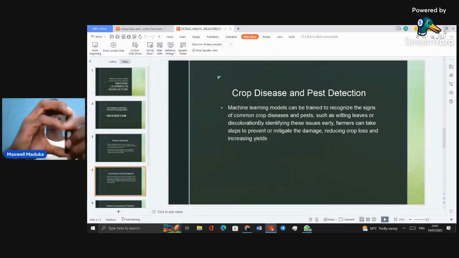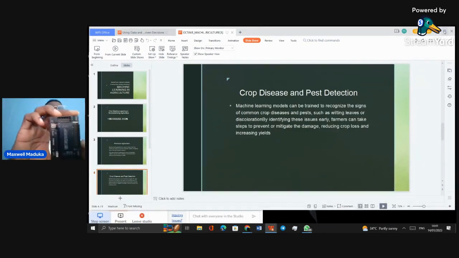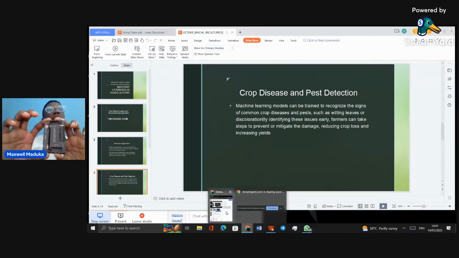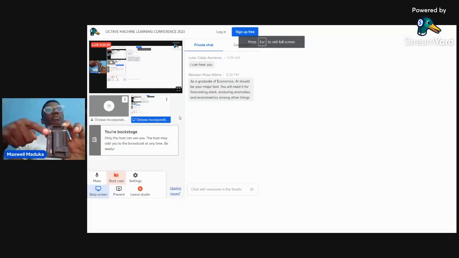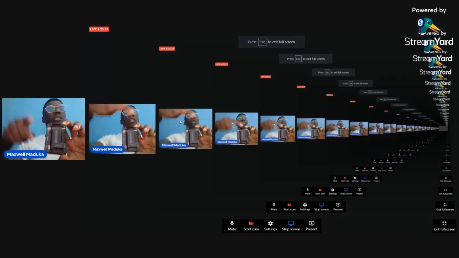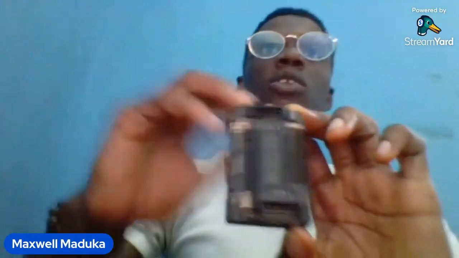It has an ATmega inside. A microcontroller was used to build this, and this is how most times we interface with the AI. This is where most of the boards are connected to, both the software and the hardware side. There's actually a range of boards out there that can be used.